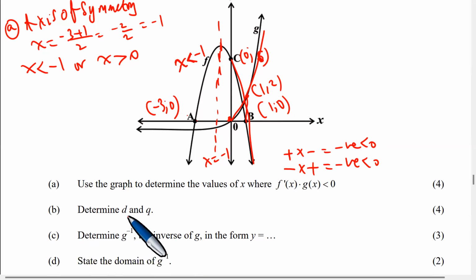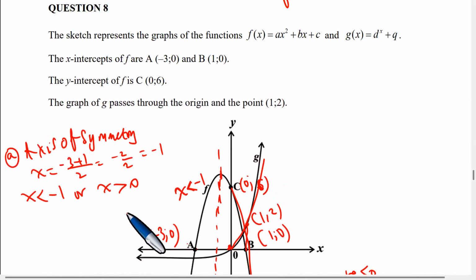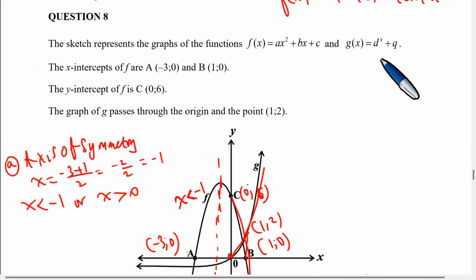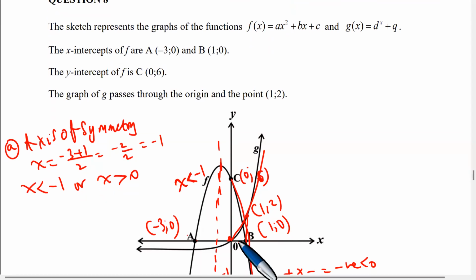Determine D and Q. D and Q are these ones. Find them. To find D and Q, there are a couple of things you need to note. First things first, this function g passes through the origin, through 0 and 0, which is x and y, which means y is 0.